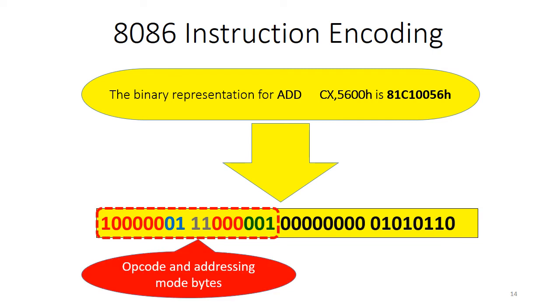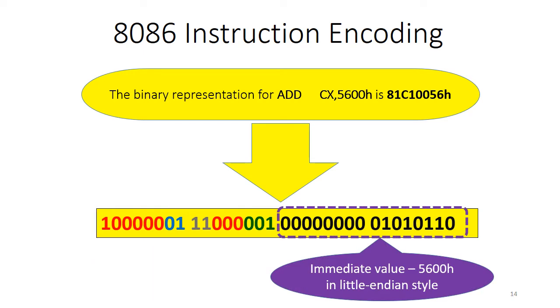The opcode and addressing mode bytes are generated as per the descriptions made earlier, and they come out as shown on the illustration. The immediate data value is encoded in a little endian style and comes after the addressing mode byte as shown on the illustration.